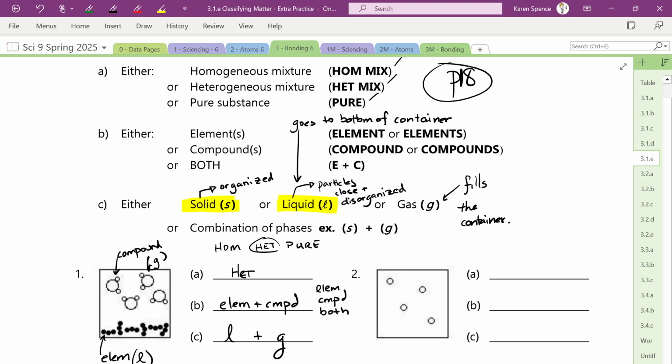Every particle is the same as every other particle, so therefore it is a pure substance. That's a compound. The liquid. You have two elements.